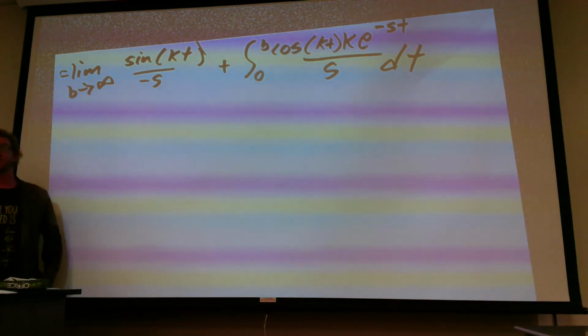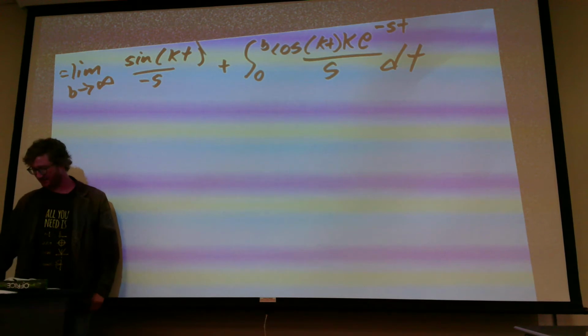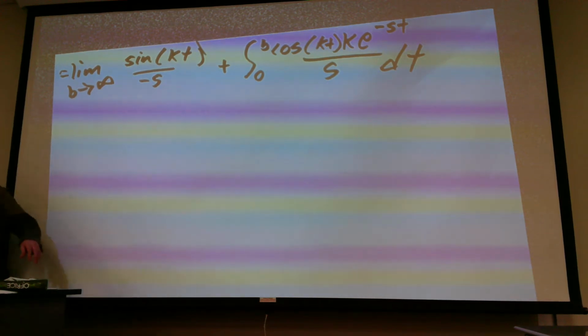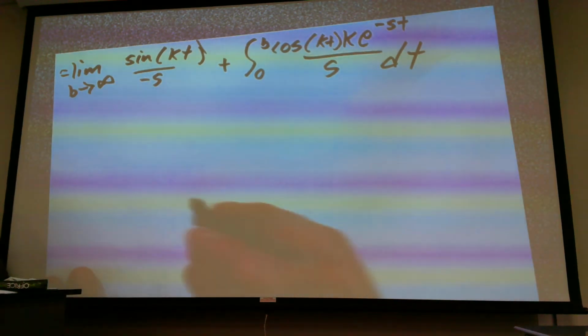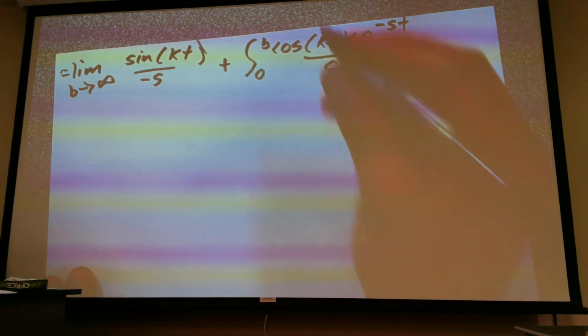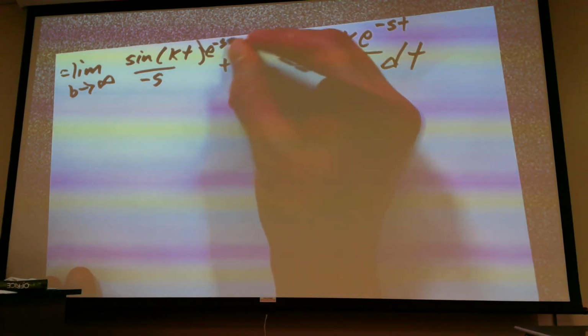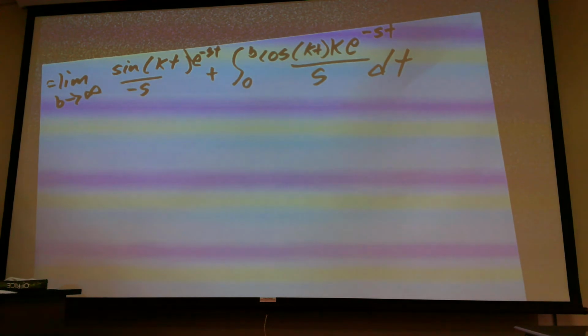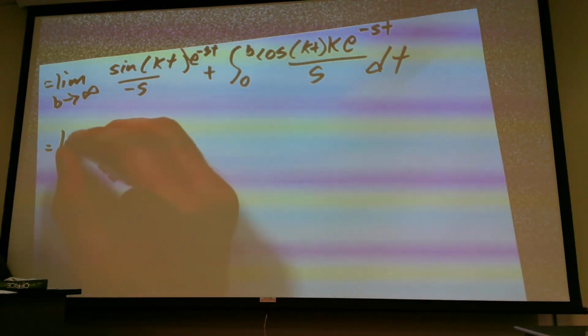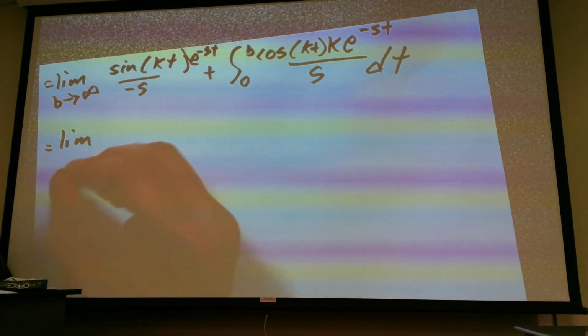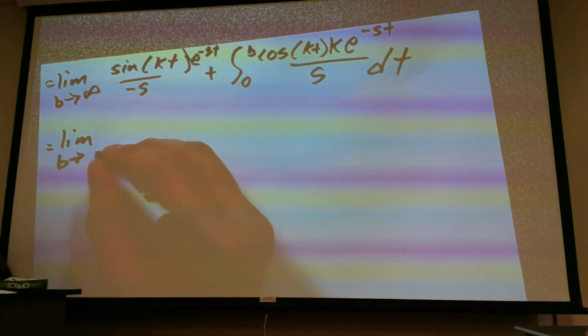Okay, so we need to do integration by parts again. Okay? So integrate the e again. Sorry, e to the minus st. Keep that e to the minus st right there. And so that's going to equal, now the limit as b tends towards infinity.